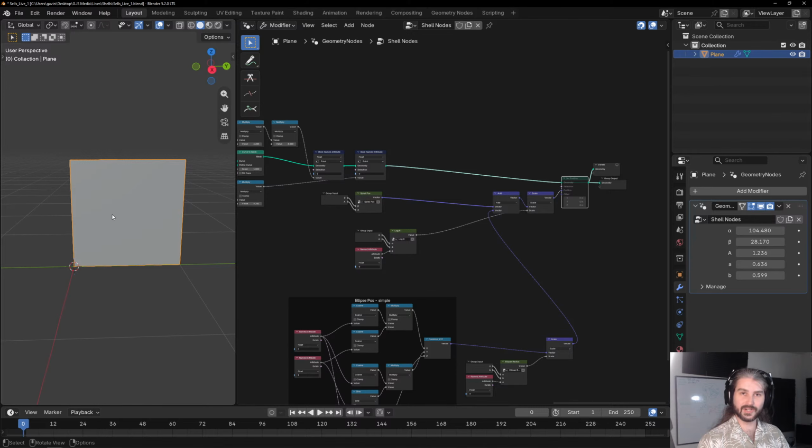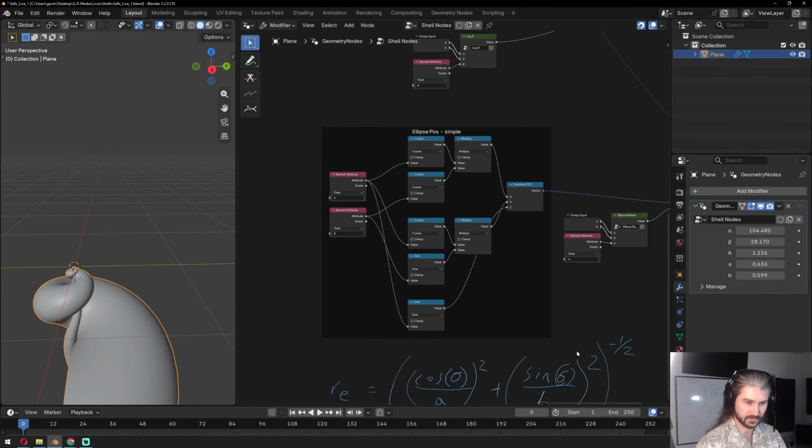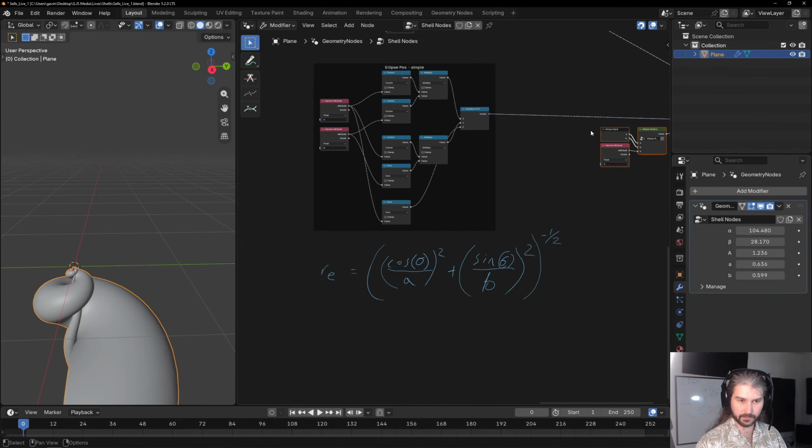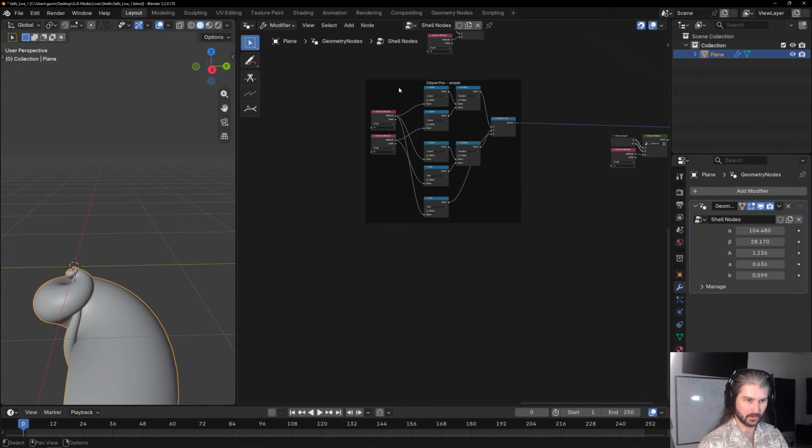But in order to do it on all three axes, it's more complicated than that simple explanation. So let's make sure we have plenty of space here because, oh boy.